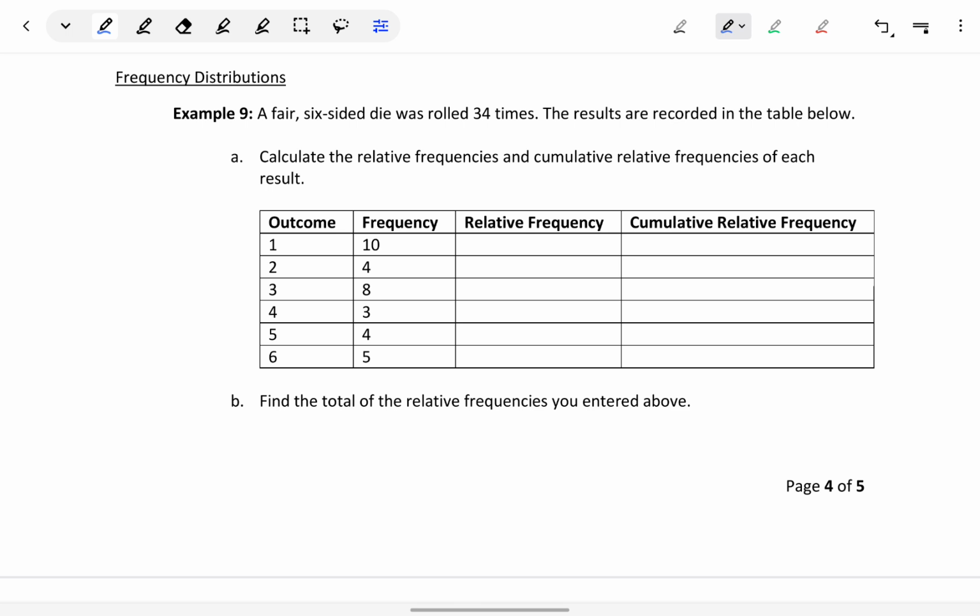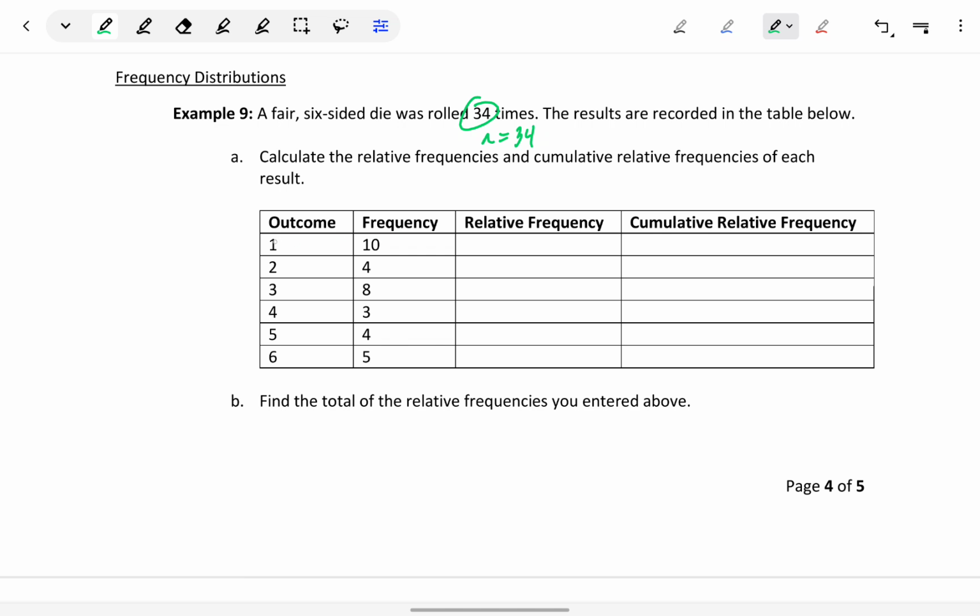For relative frequency, that is the number of times a particular outcome occurred divided by the total number of experiments, which in this case is n equals 34 different times that we rolled this die.